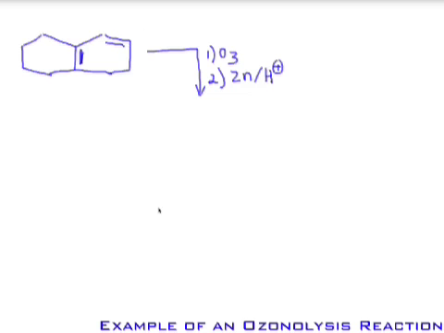The H's would turn into OHs. But wherever there was a double bond, I break it and I put double bond O's. So here was a double bond, so I'm going to have double bond O's here. Here was a double bond, I'm going to have a double bond O here.